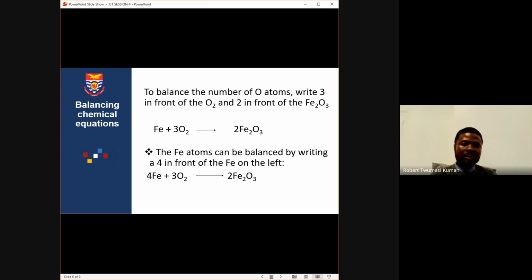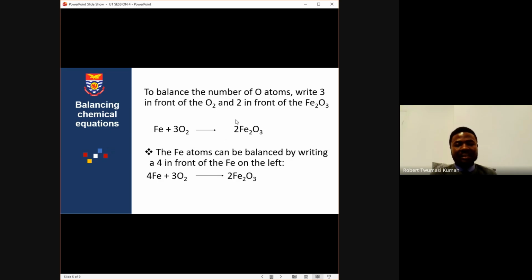But sometimes it is good to start from the complex compound, so that a simple compound or even an element that is standing alone, you attend to last, since that one you can easily deal with, rather than dealing with a group of atoms or a complex compound.